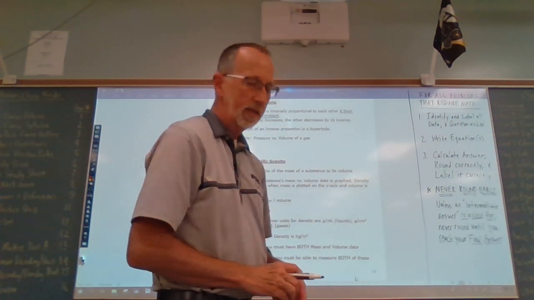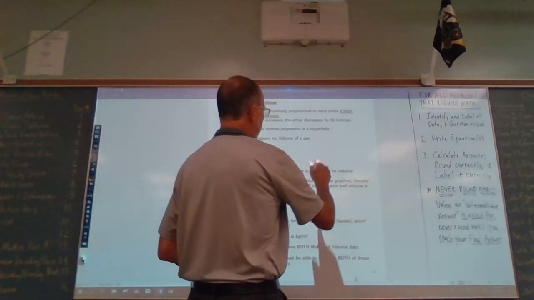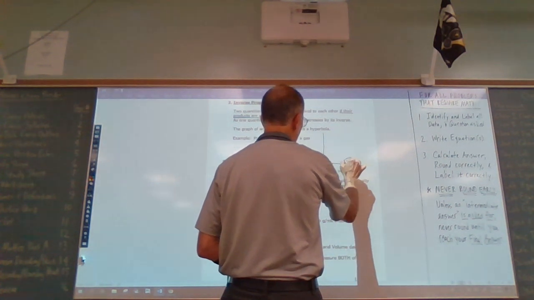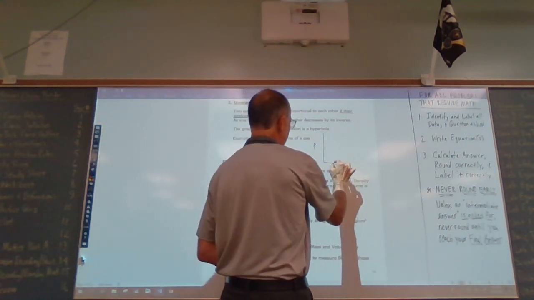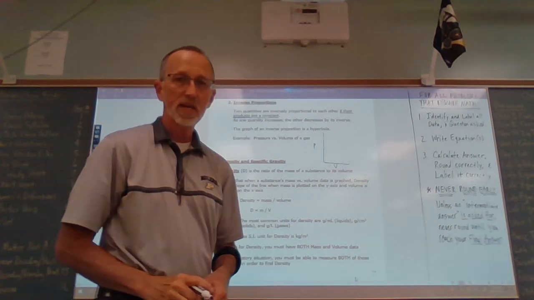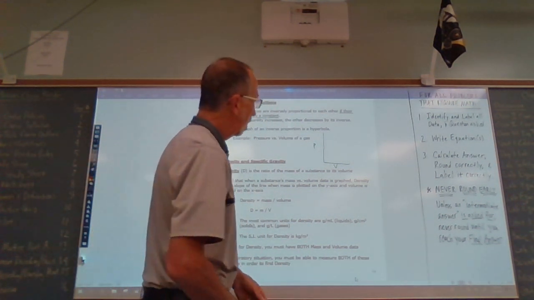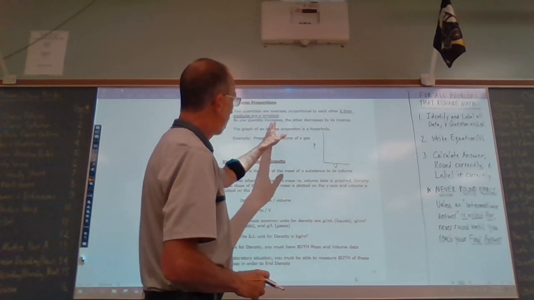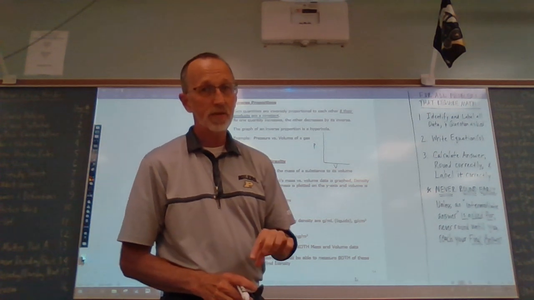All right. Example here, I wrote pressure versus volume of a gas. So if I draw a little graph here, so here's pressure. Guys, you might remember doing this in our study of gas behavior in Chem 1. As one quantity increases, the other decreases by its inverse.